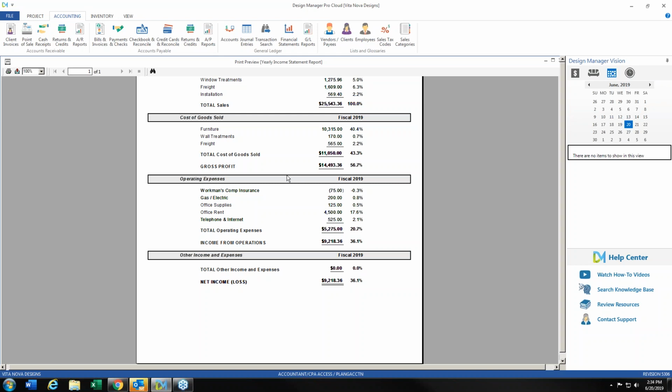And then we have our operating expenses. There's a couple of examples here, but those are basically your fixed and variable expenses to keep the business running. So if you have administrative staff, it would go down here, any insurance, utilities, supplies, your telephone bills, cell phone bills, anything like that that is not directly related to the project goes into the operating expenses.